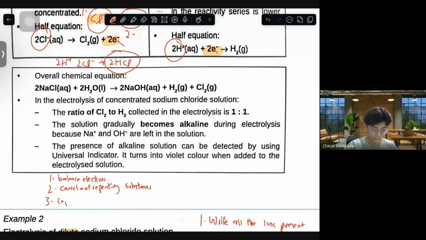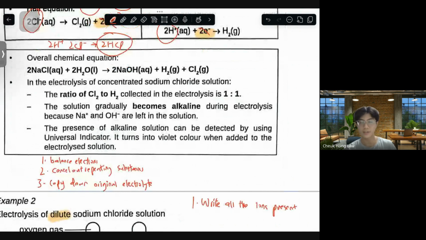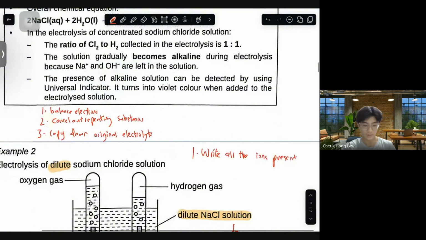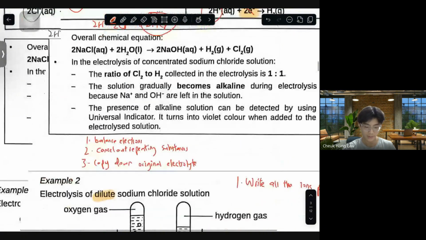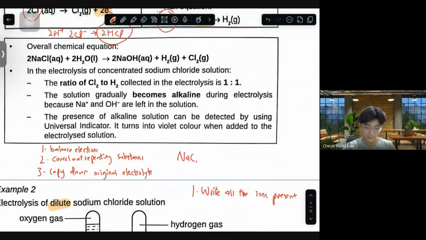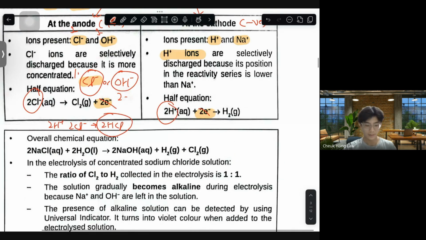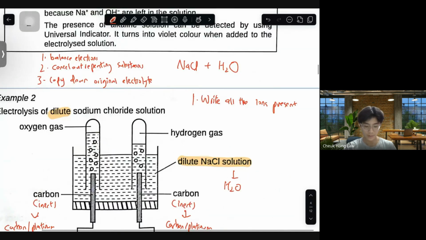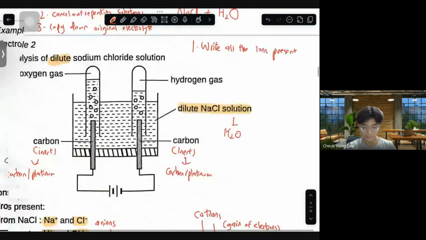Then you just copy down the original electrolyte. What is the original electrolyte? Sodium chloride solution. So sodium chloride solution contains NaCl and H2O, right? And then remember, we want to follow the mole ratio, right? There's a 2 and a 2, so we have to write that down.